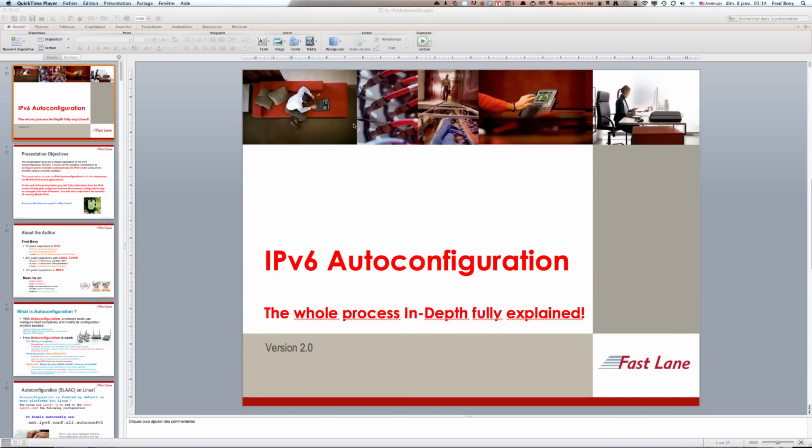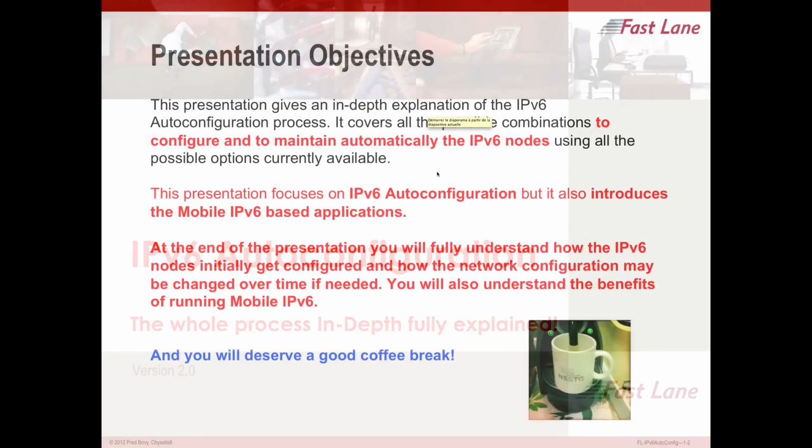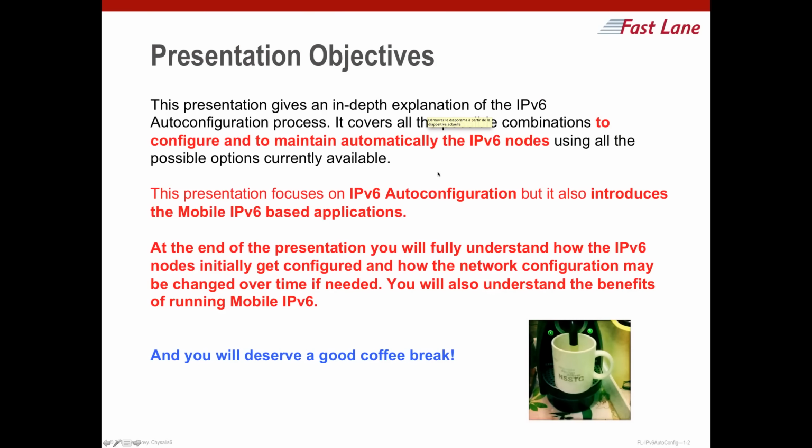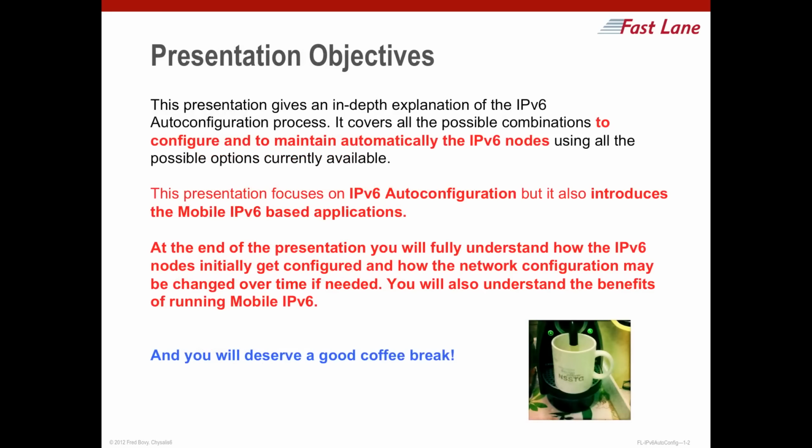So, we are going to study auto configuration for IPv6, the full process explained in depth. This is not only about auto configuration itself, but all the means for IPv6 to configure nodes and to keep this configuration updated over time.